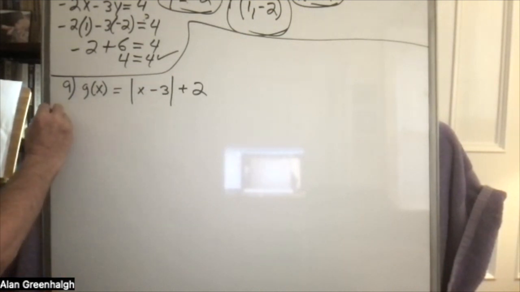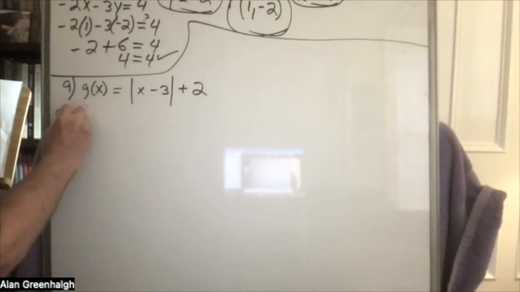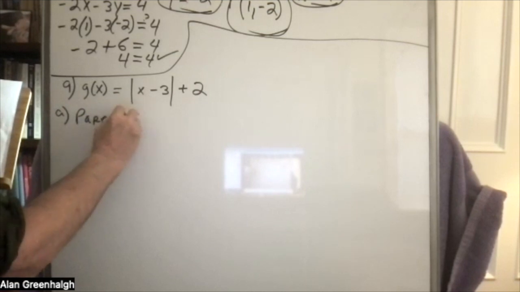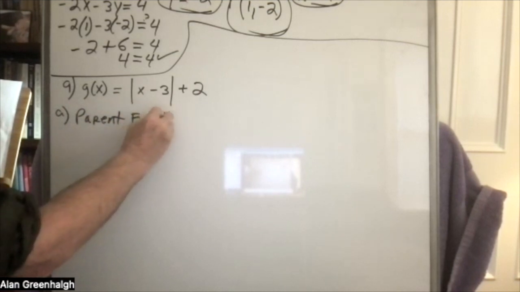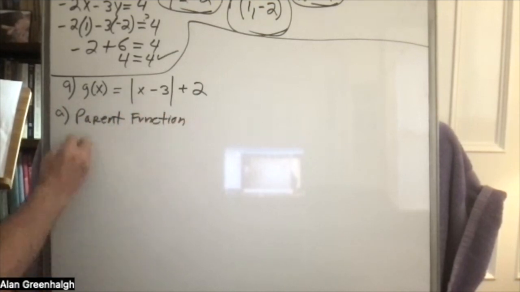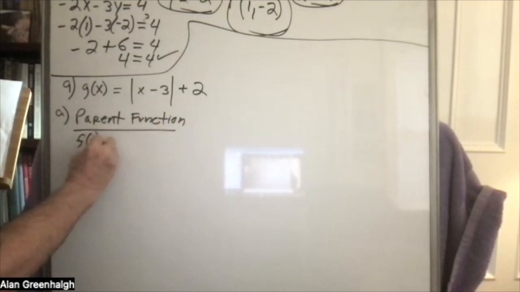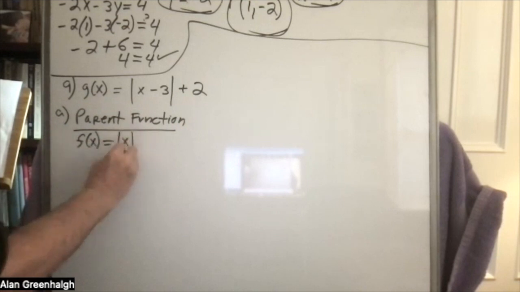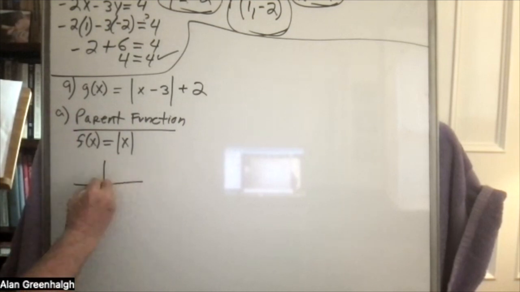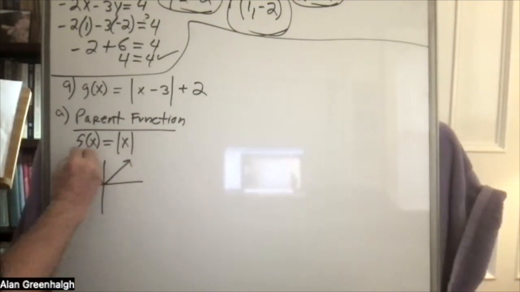So that's part A, the parent function. Name and graph the parent function, which means the parent is f of x equals the absolute value of x. We did this on Monday. And to graph it would look like this. That's the parent.